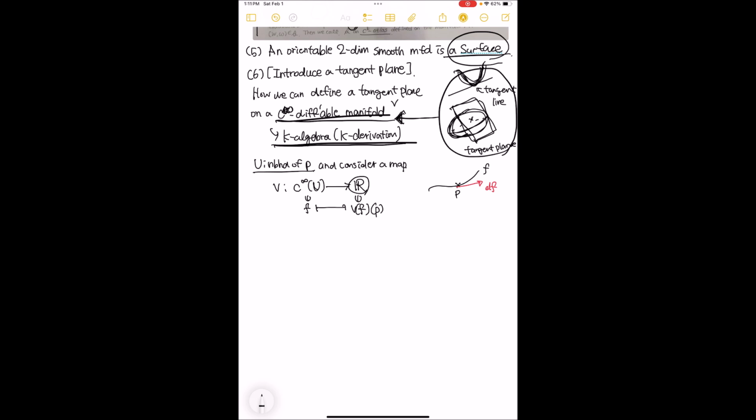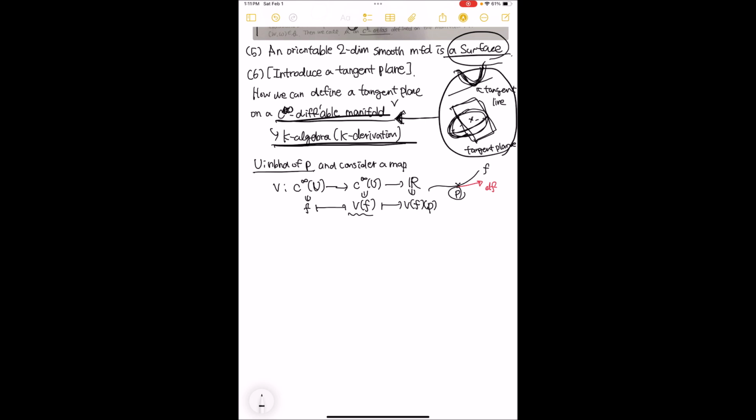You can think that we need a point P. If we do not consider a point, then it is good to define just C infinity. That is also a differentiable function, because it is an infinitely differentiable function. If a point P is given, we can think about V_P f.